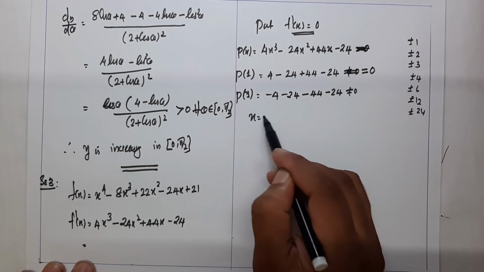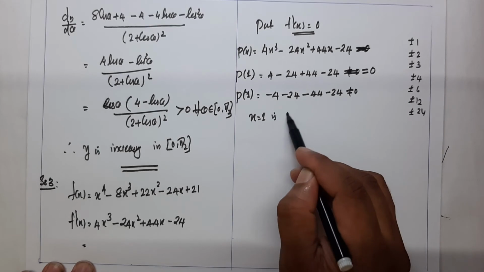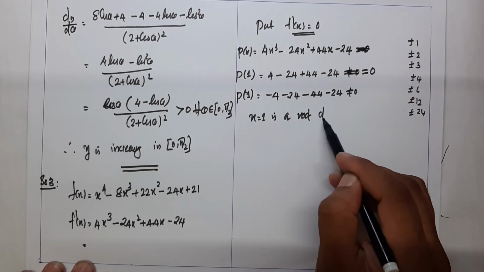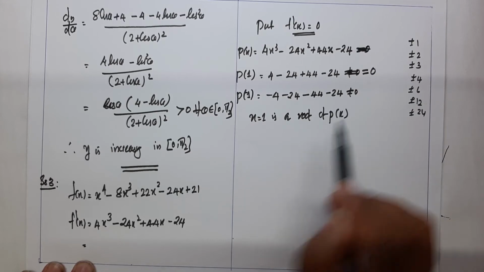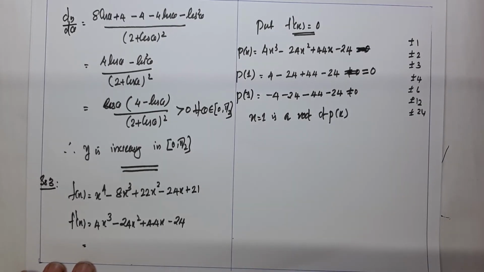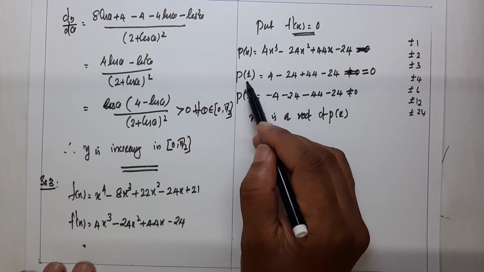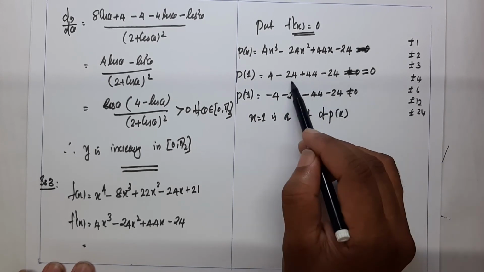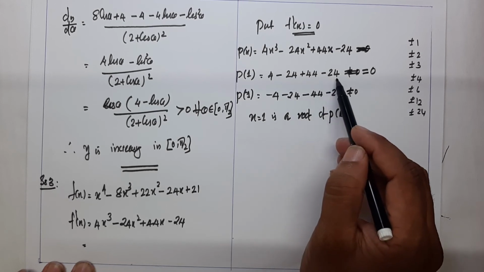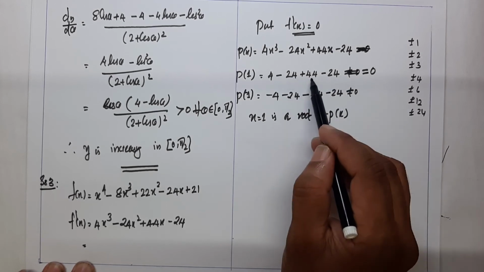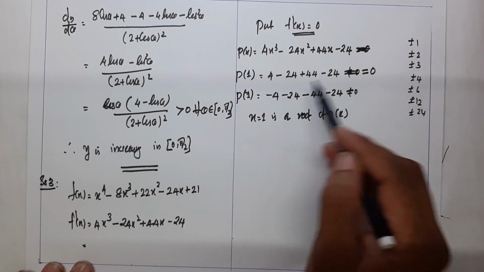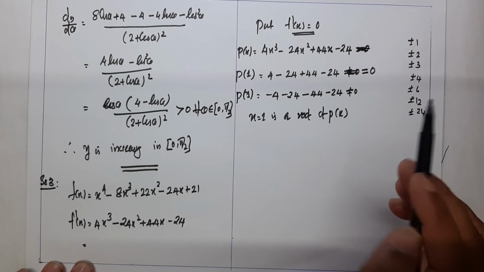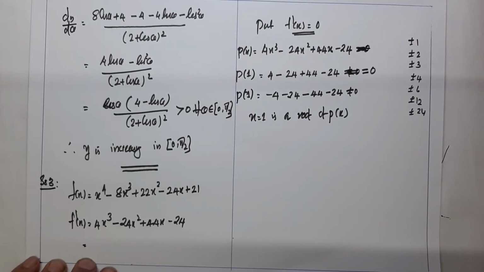Therefore here x is equal to 1 is a root or zero of the polynomial p of x. When we put x is equal to 1, we get 4 minus 24 plus 44 minus 24. Here, 4 minus 24 minus 24 gives minus 48, and 4 plus 44 is 48. 48 minus 48 is 0. Actually, x is equal to 1 is a root of the polynomial p of x.